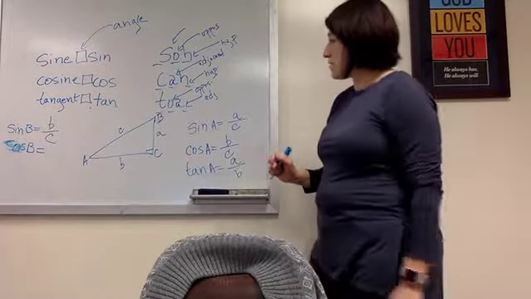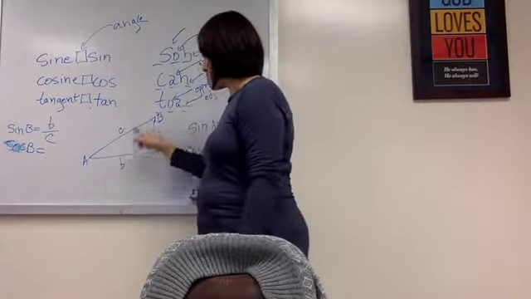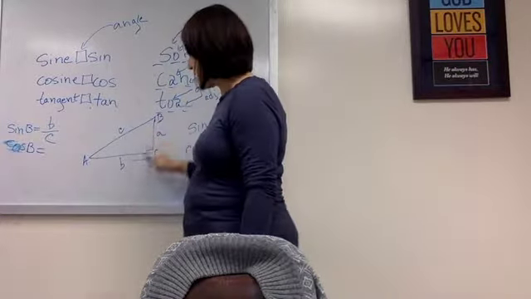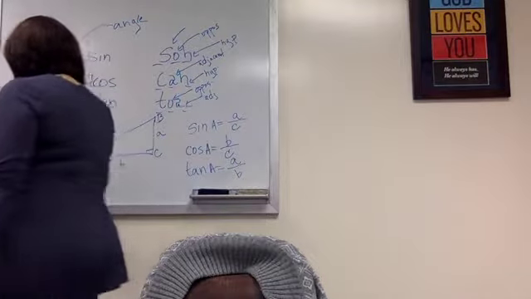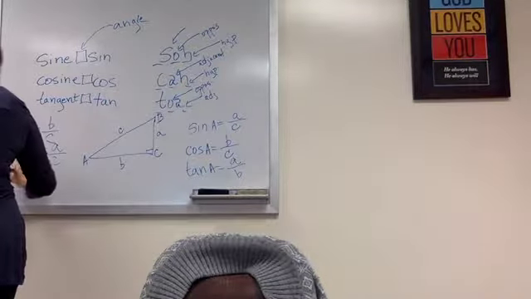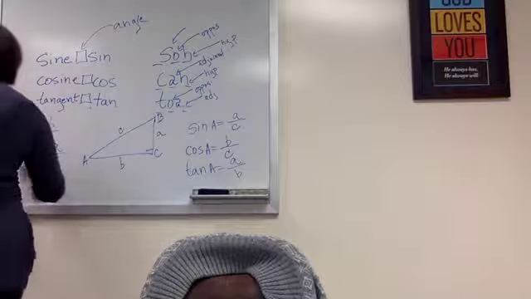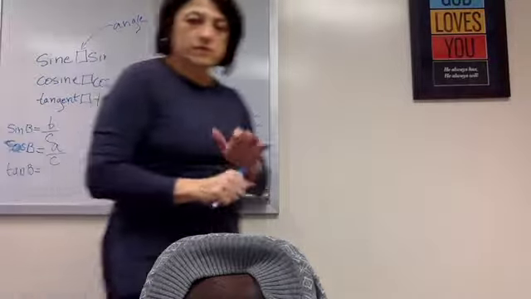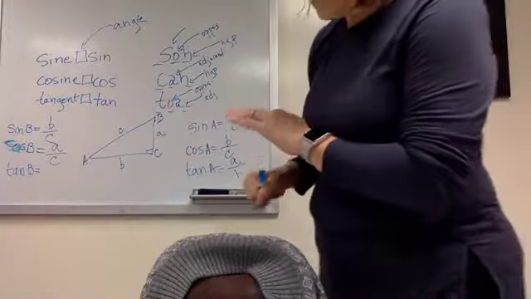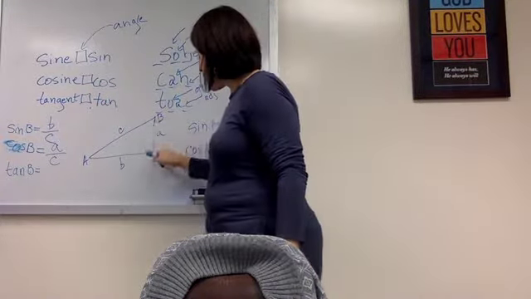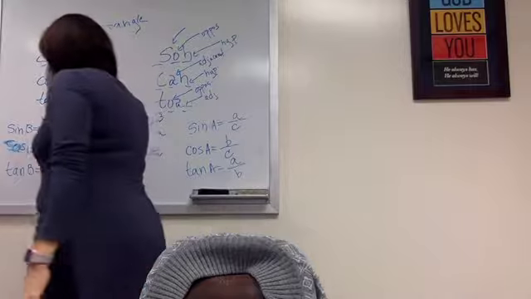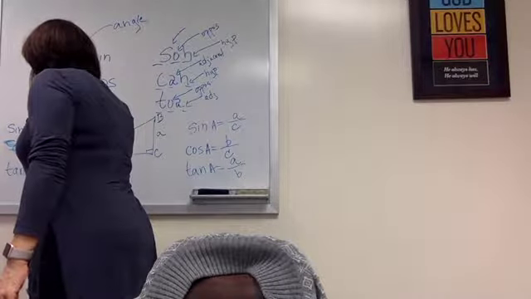Adjacent over hypotenuse, so that's going to be length of side A divided by the hypotenuse C. And then the tangent of B equals what? Opposite over adjacent. TOA. So it's going to be B over A.